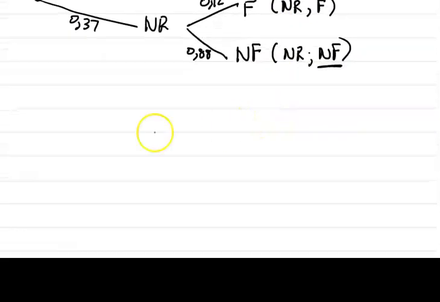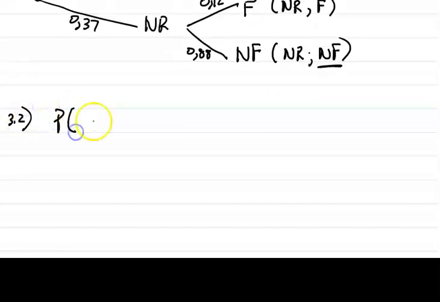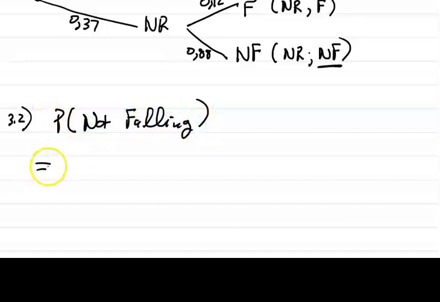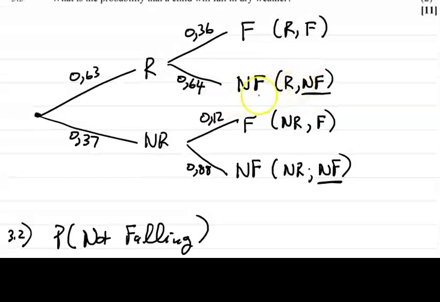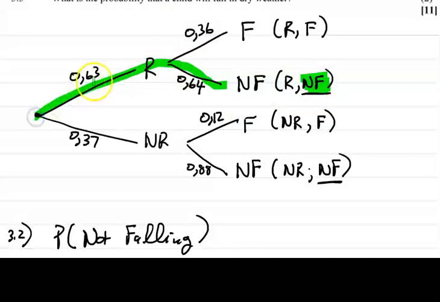So 3.2, the probability of not falling will equal, so not falling, we're going to follow it down to the root. So we're going to follow this direction here. Remember, there's not falling. So we're going to go down here. So we have to multiply these branches as follows.